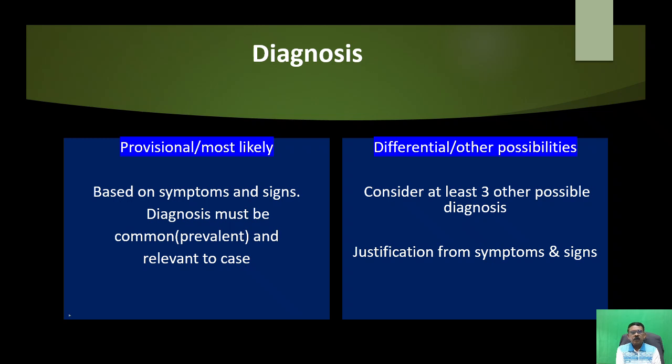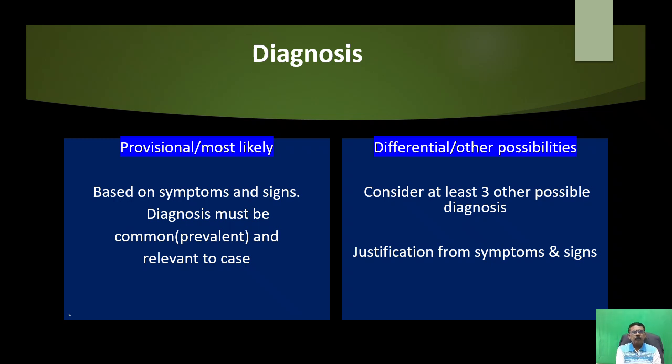You have a provisional diagnosis, which is the most likely diagnosis in that particular patient, and a differential diagnosis, which includes other alternatives that are also possible. First, you look at the provisional diagnosis. It must be based on the symptoms and signs of your patient, not textbook signs and symptoms.